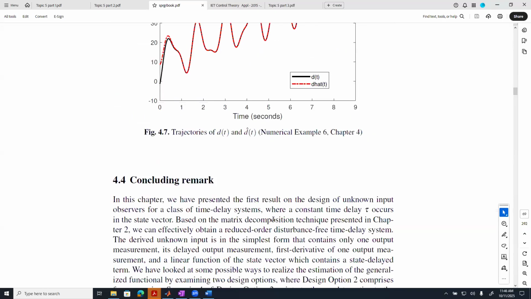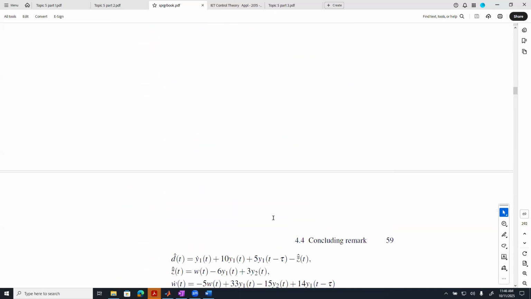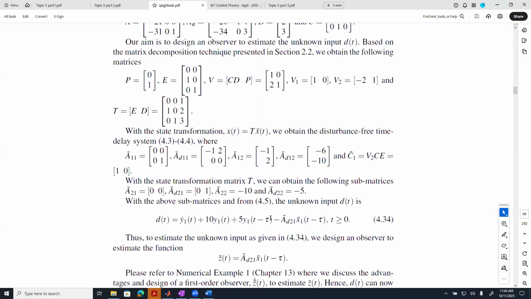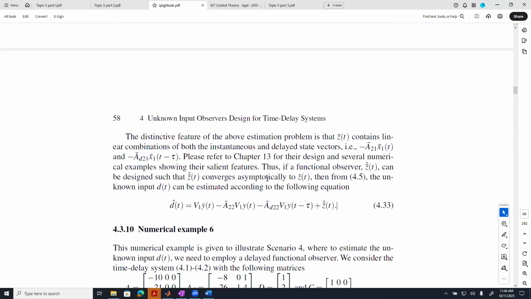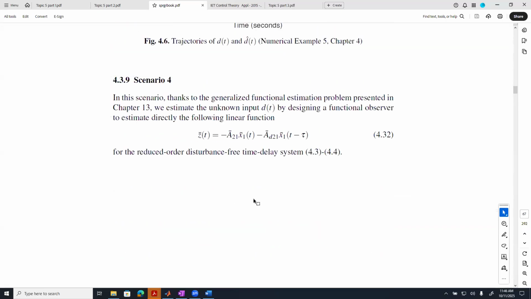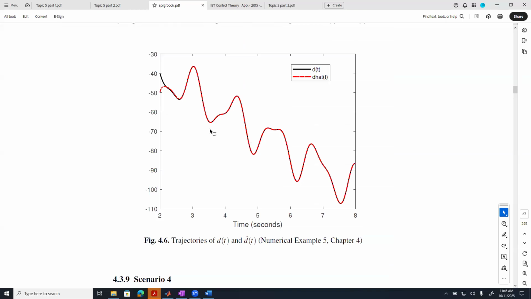And then when we look at it, we say, okay, it would be nice to be able to realize this generalized functional directly. And that was the discussion in scenario 4. We want to estimate this directly so that we can have a much simpler or better way of realizing the unknown input.